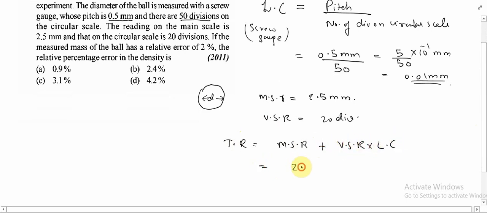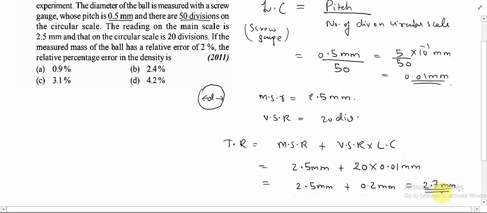MSR is 2.5 millimeters, CSR is 20, so 20 into least count 0.01 millimeters gives 2.5 millimeters plus 0.2 millimeters, which is equal to 2.7 millimeters. So the diameter of the solid ball is 2.7 millimeters.